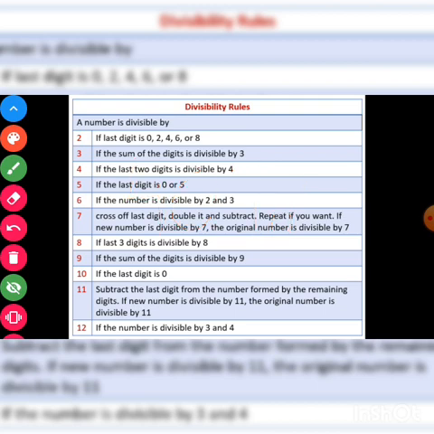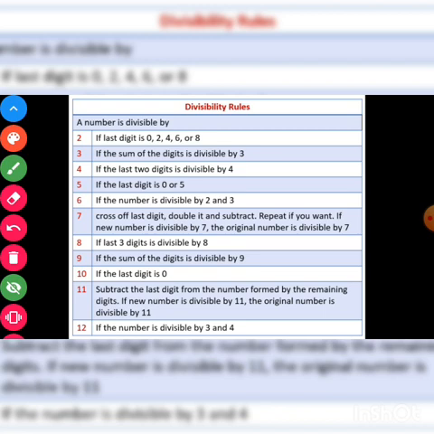Now the next divisibility we are going to study will be divisibility test of 9. As you have done the divisibility test of 3, in a similar way we do the divisibility test of 9 also. What we used to do? Whatever digits are there in that number, we find the sum of the digits.